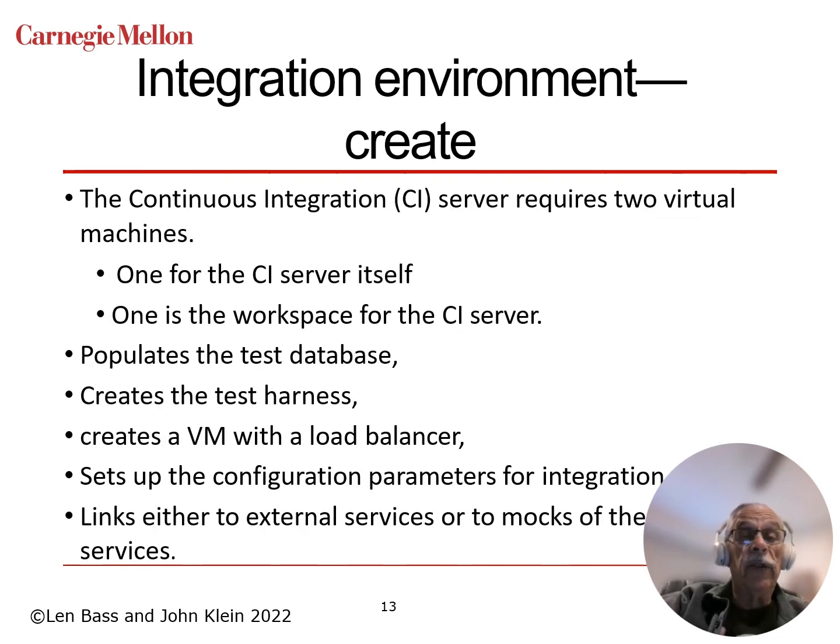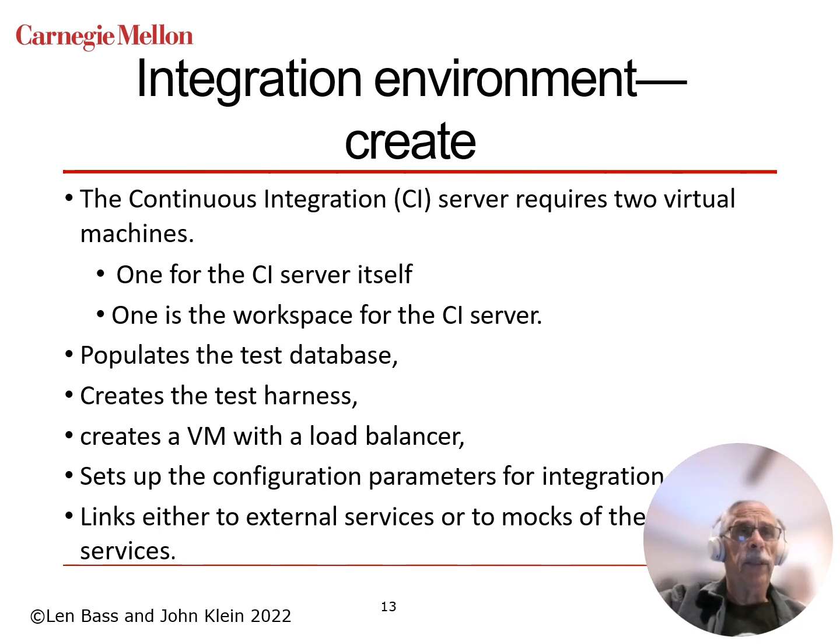So what does the create step do? Well, the continuous integration server requires two virtual machines, one for the server itself. It's a big, complicated piece of software. And one is for the workspace. Now it turns out that the CI server may be sitting somewhere, so you may not have to create that. So part of the create script for the integration step is to check if there is a CI server around and to use it.